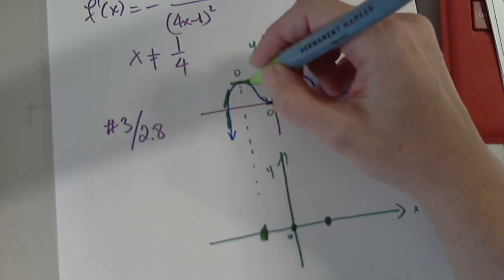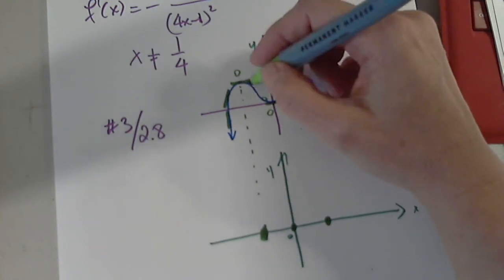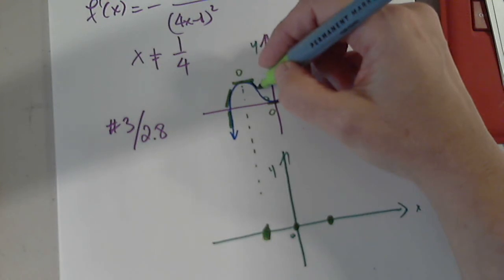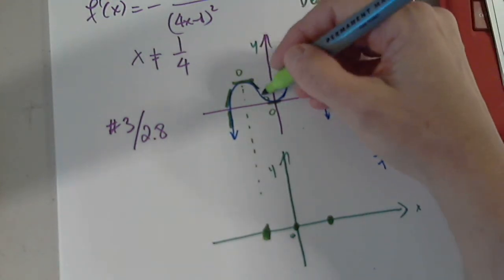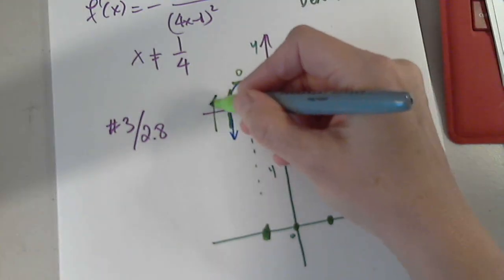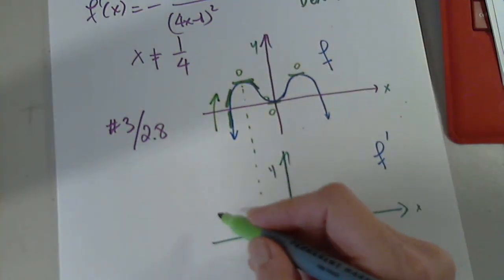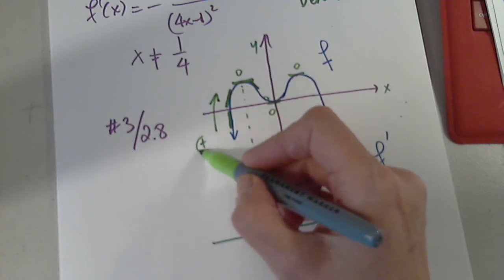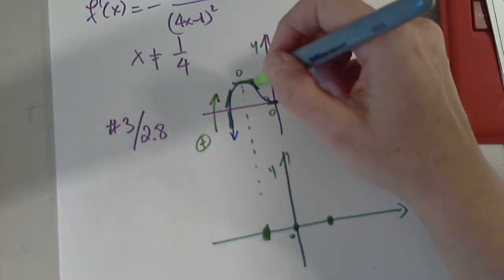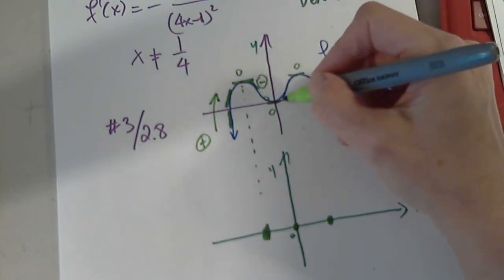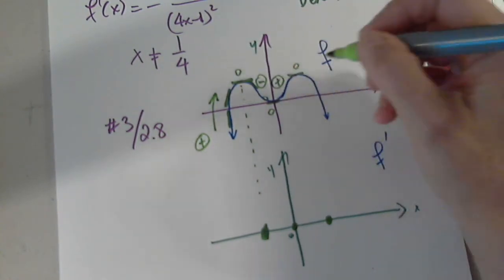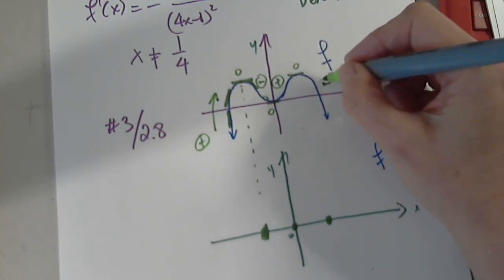Then here from this point to the origin, the function appears to decrease. When the function is increasing, the slope is positive. Then when the function is decreasing, the slope is negative.